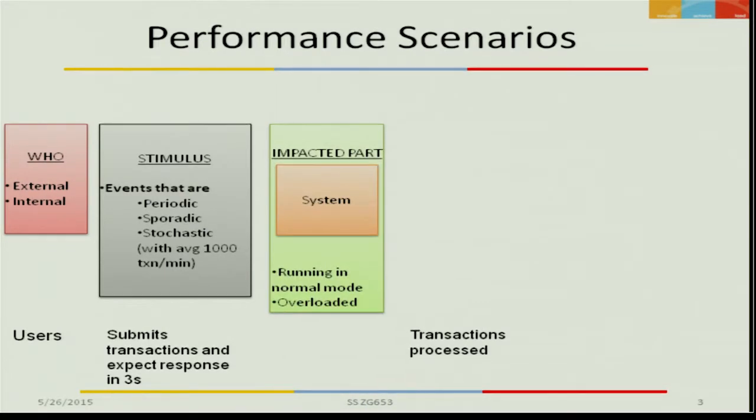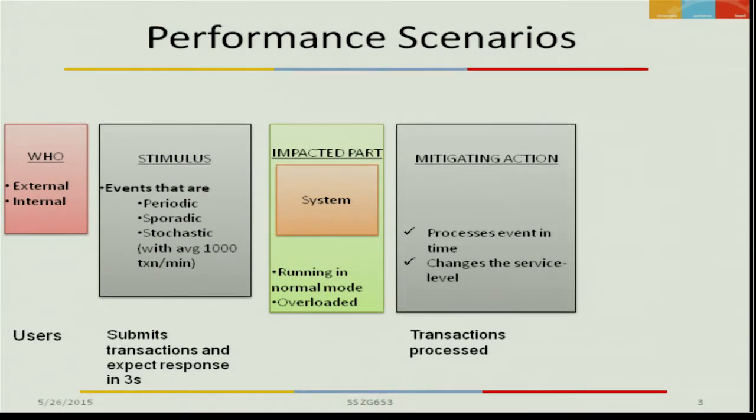Now what gets impacted? Typically it is the entire system. And what is the context? The system is either running in normal mode or in an overloaded condition. In both these situations a stimulus can come, and the system has to respond accordingly.